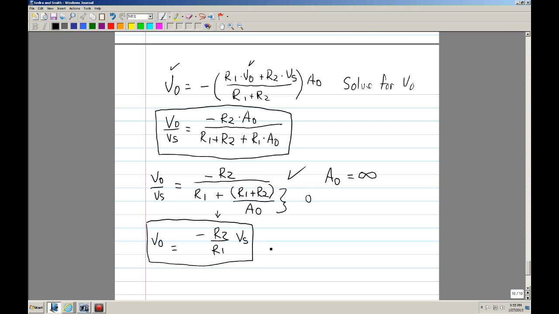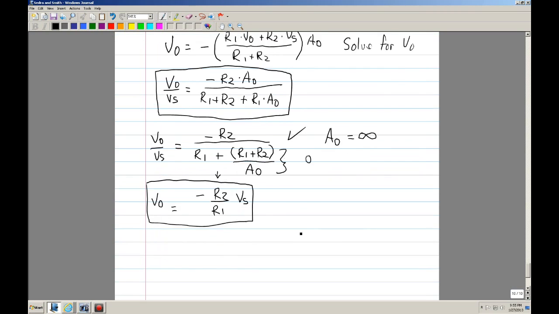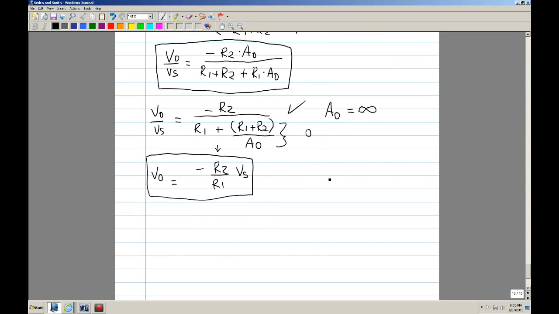Okay, so let's see if we can simulate it and put some numbers in. We're going to use R sub 2 of 10k, R sub 1 of 10k as well. So we should have a gain of 1.